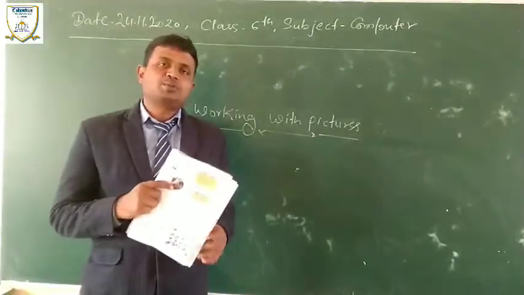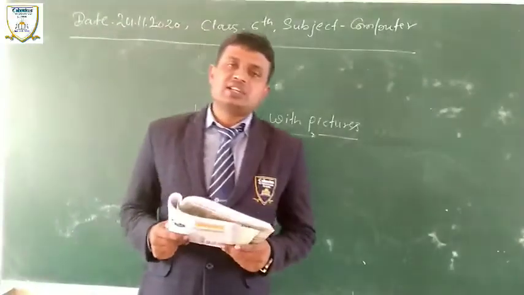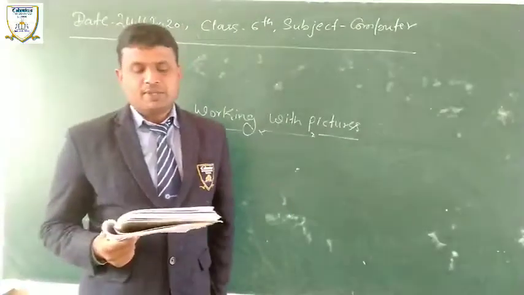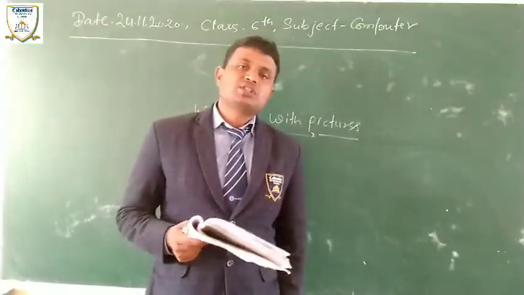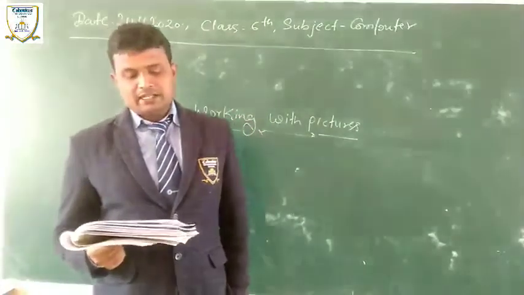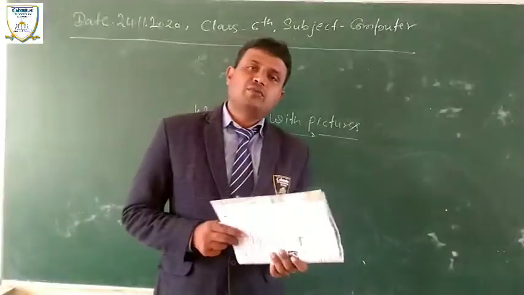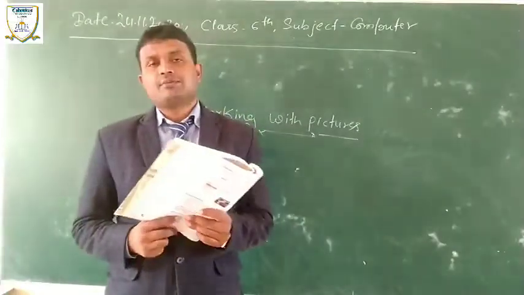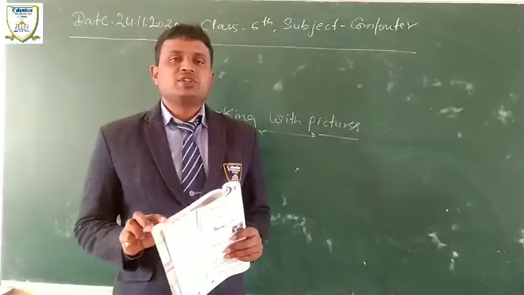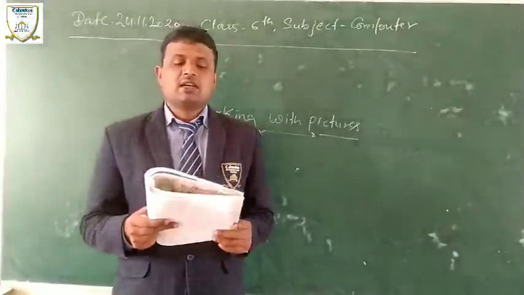It is an option by which you recolor the pictures. It means you can change the effect of the pictures in the Publisher. Compressing a picture. Compressing is a feature by which you increase or decrease the size of a picture. Applying the picture style. There are a lot of picture styles given, so you select one for your picture. Adding a caption. Adding a caption is a feature by which you define the name of pictures. It means what the name of that picture is.